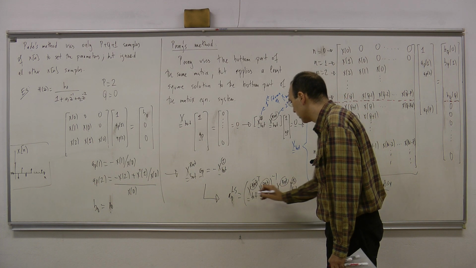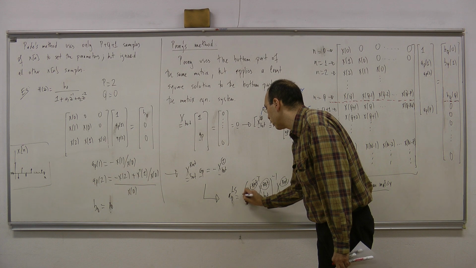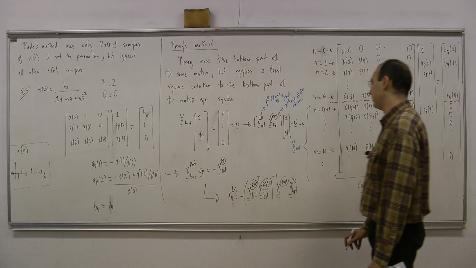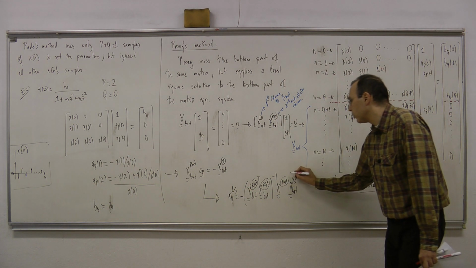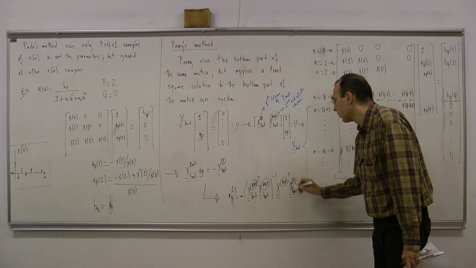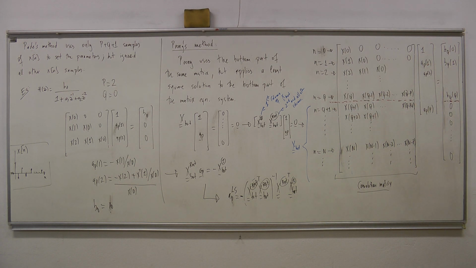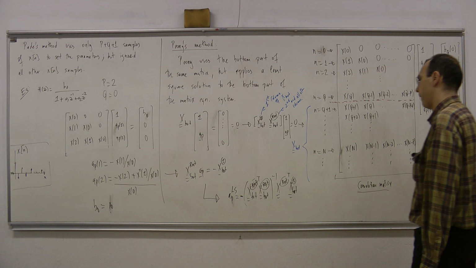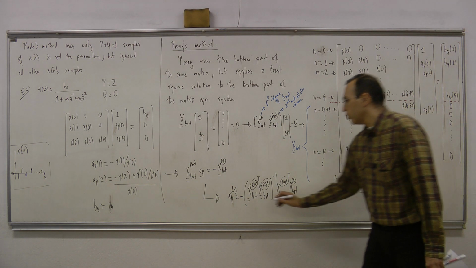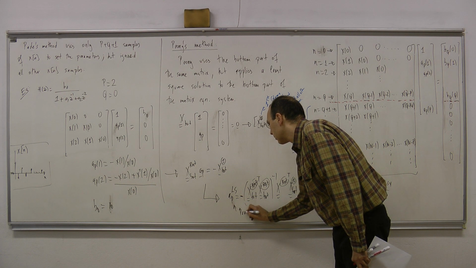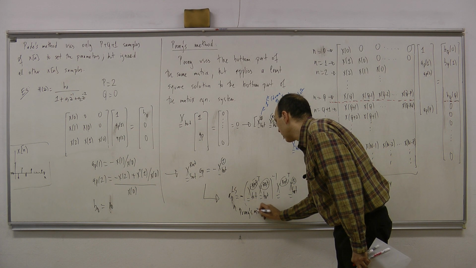Is this correct? AX is equal to B. Okay, I think it's correct. So this is Prony's estimate.